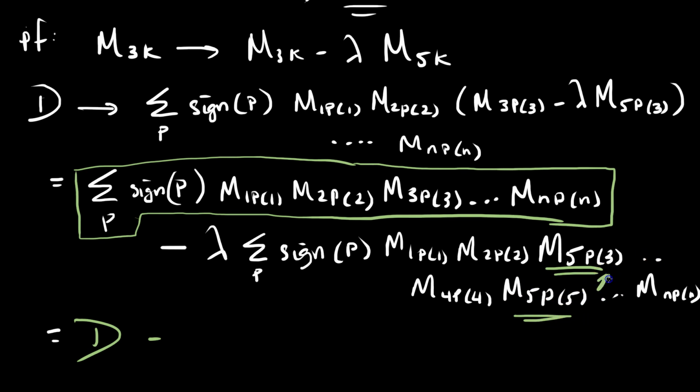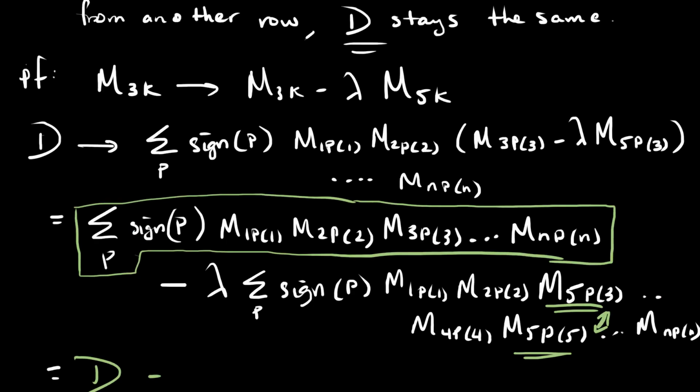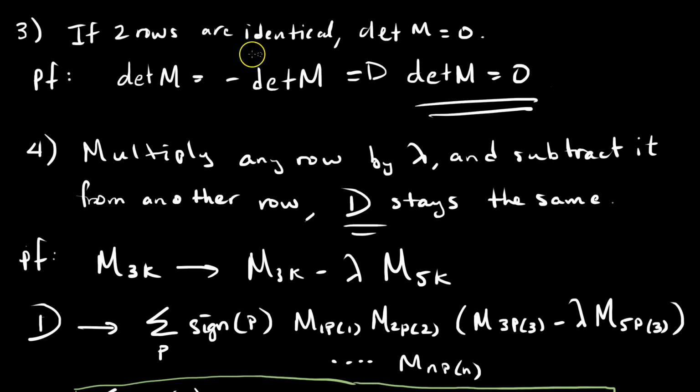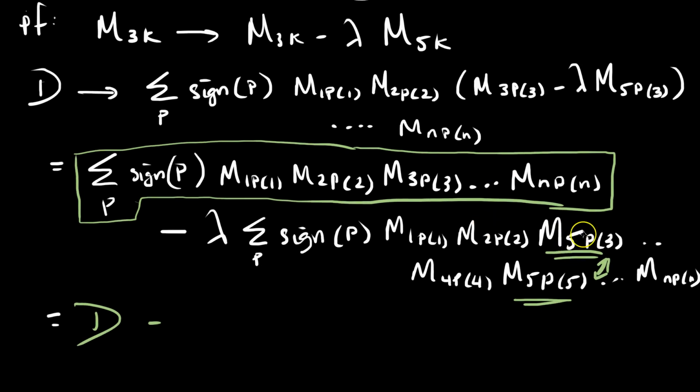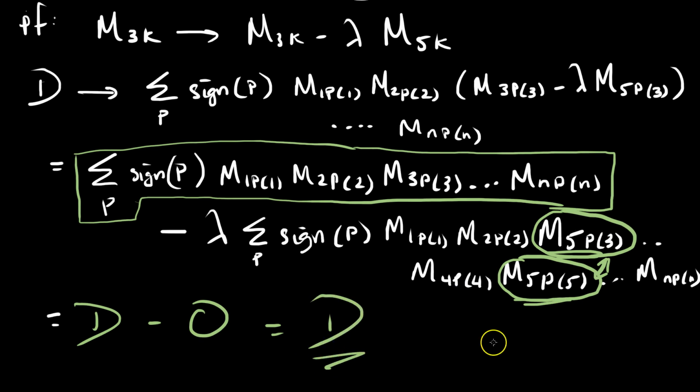So these two are the same row. And if you remember from property number 3, if two rows are identical, the determinant is 0. So here, these two are identical, both the fifth row. And since two rows are identical, it's just 0. So this is just the determinant. Okay? It's a cute little proof for you.